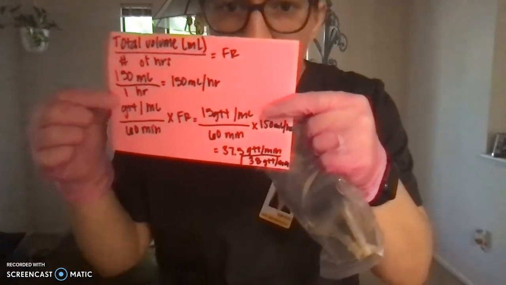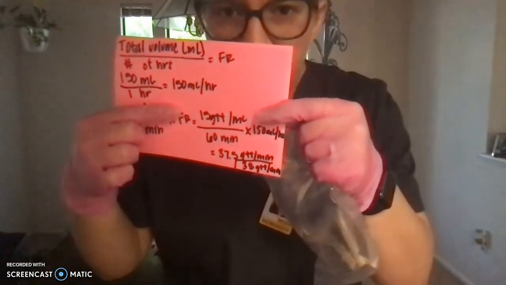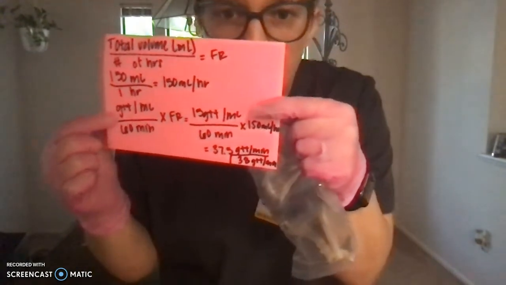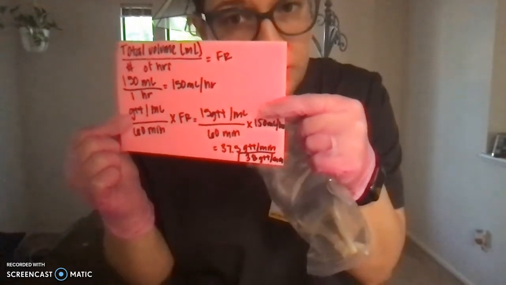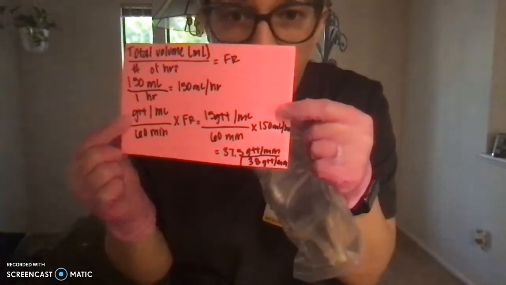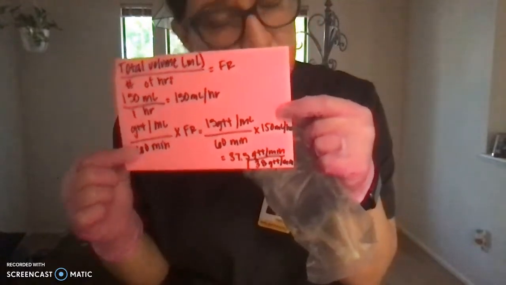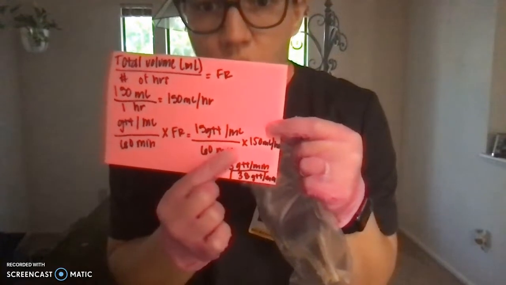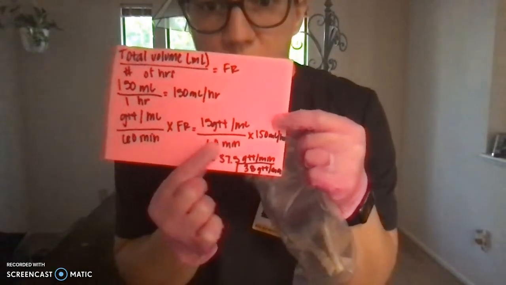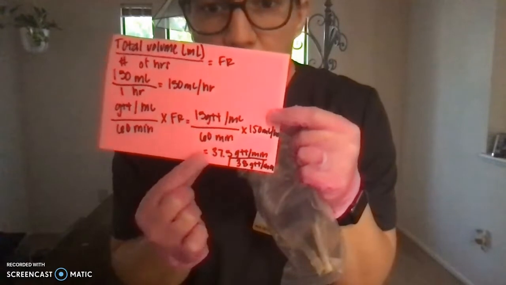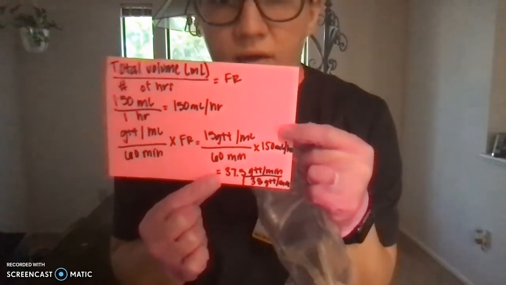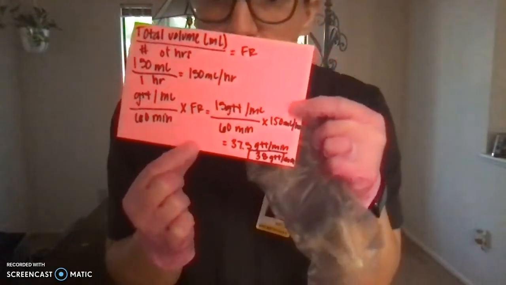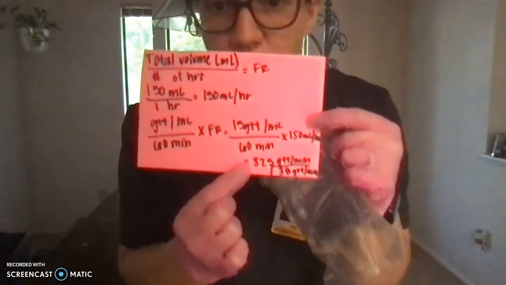So that's 150 over 1 hour equals 150 mLs per hour. Then you take your drop factor, which ours is 15 drops per mL, times the flow rate over 60 minutes, since 60 minutes is in 1 hour. So we get 15 over 60 times 150, and that leaves us with 37.5 drops per minute. Unfortunately, we cannot do a half drop, so we will do 38 drops per minute.